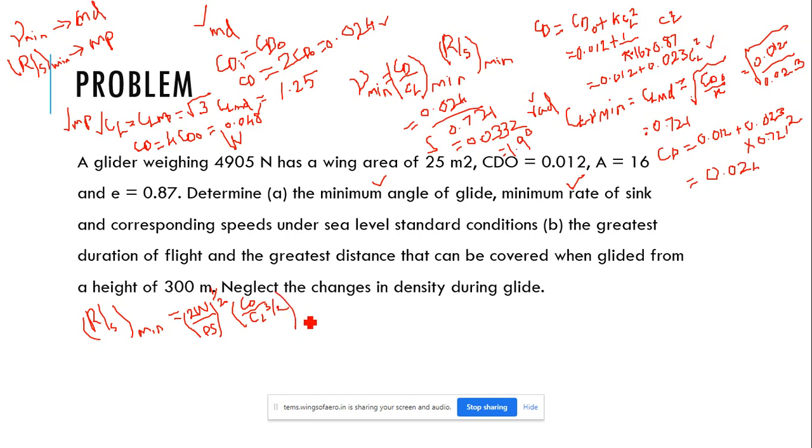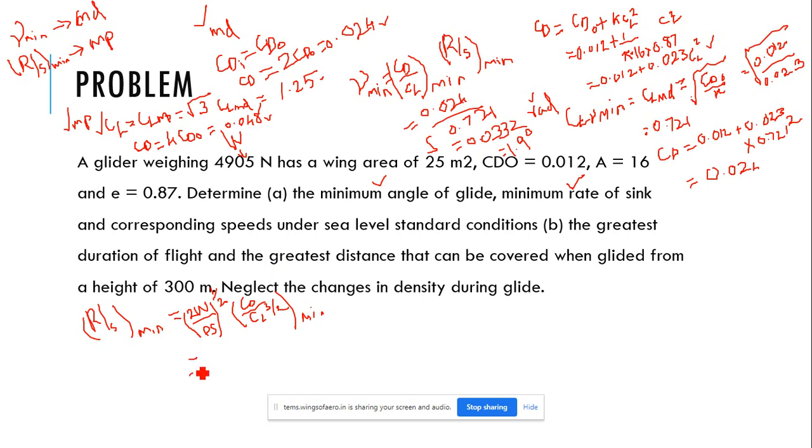These things we have already seen in our last class. W is given, rho we can straight away put as 1.225, and surface area is given, that is 25. CD we have found as 0.048, and CL is 1.25.